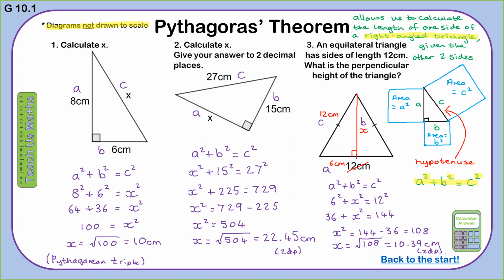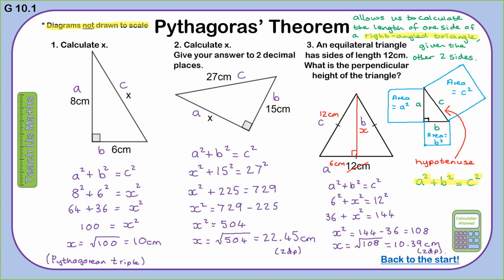Sometimes you may have to calculate the length of the hypotenuse. Other times it may be that you have to find the length of one of the smaller sides. Either way, you start off by labelling your right angle triangle A, B and C, where C is the hypotenuse, the longest length opposite the right angle.